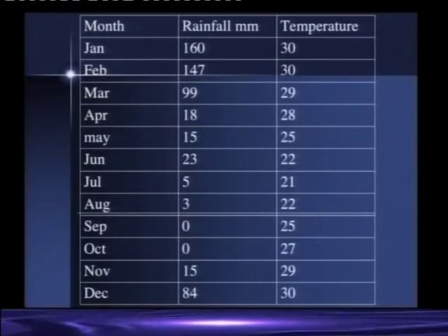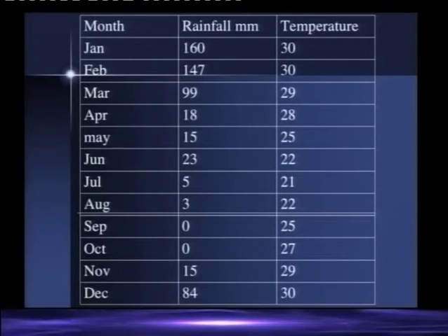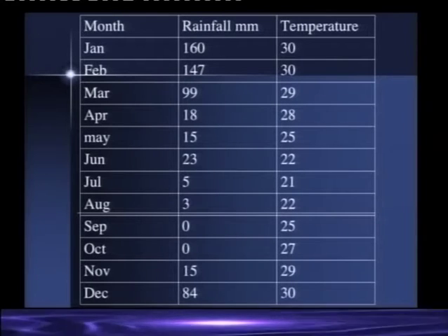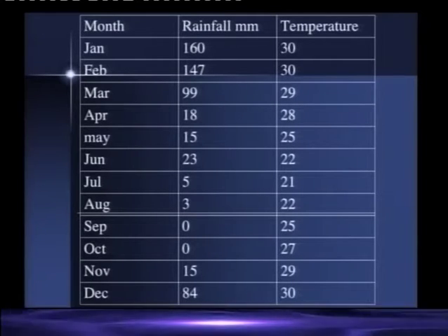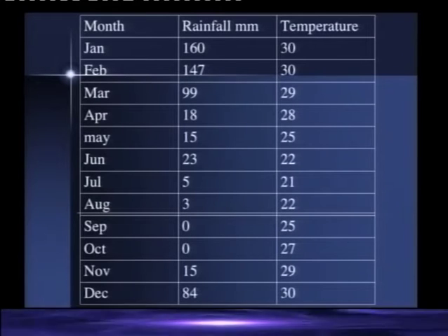Rainfall readings are measured in what? Millimeters. Temperature is measured in degrees Celsius. How many months do I have here? January to December, 12 months.